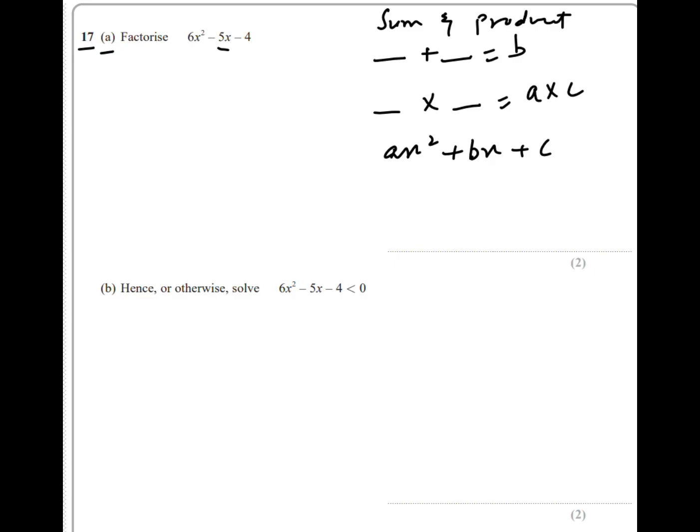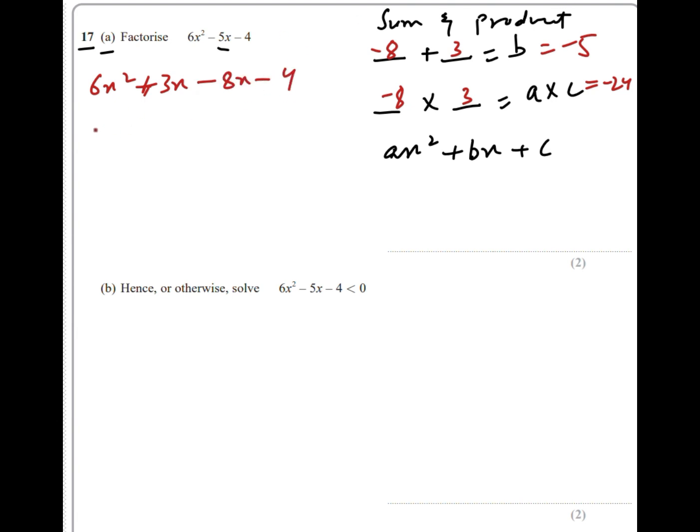Now if we look for the factors, the only factors that give me negative 5 and a times c, 6 times negative 4, negative 24, are 8 and 3. But 5 and 24 have a negative sign, so one of them should be negative. So the bigger number is negative. Now your factors would be minus 8x plus 3x, minus 4.